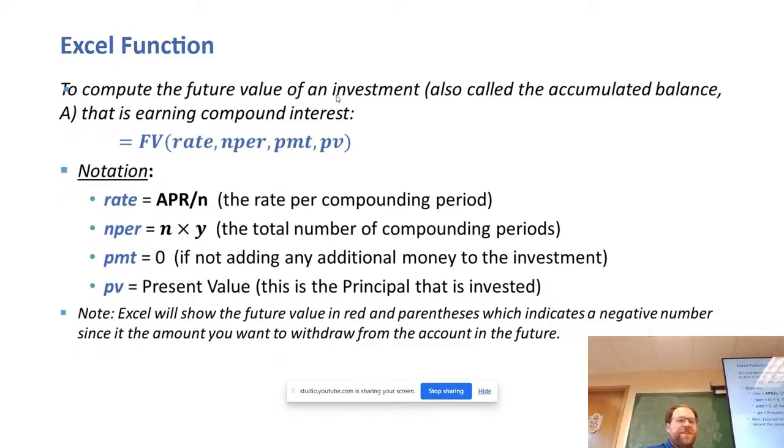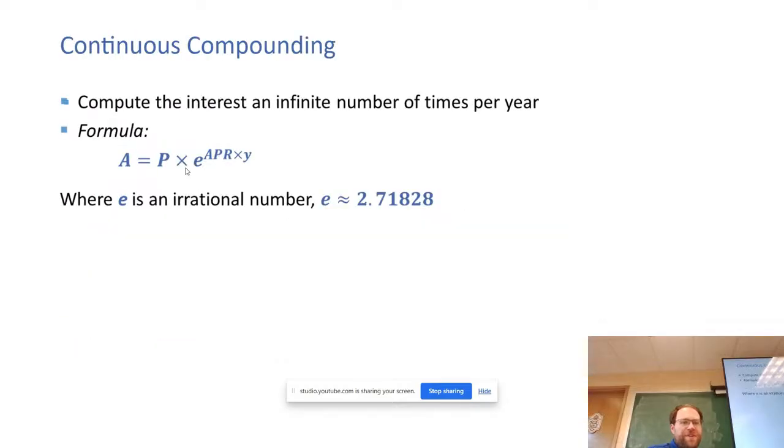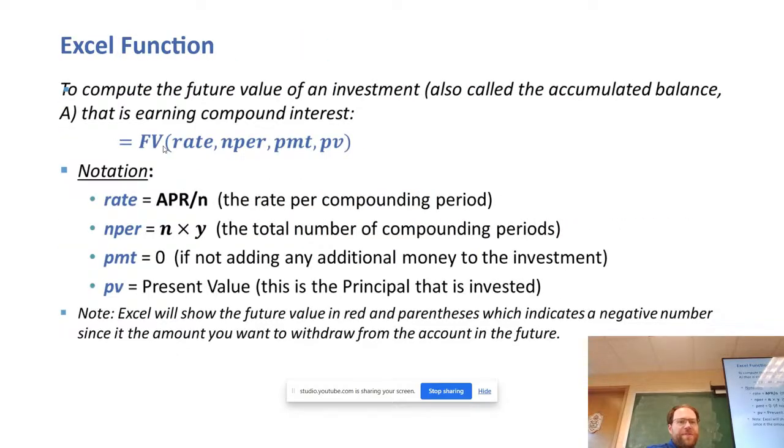So the thing with Excel is that there's going to be some different functions that you can use. The first one they give you is a future value function. So this would be for problems like, say you start off with $1,000 and it compounds at 5% per year. How long could it take to get to $2,000 is an example of where you would use that.